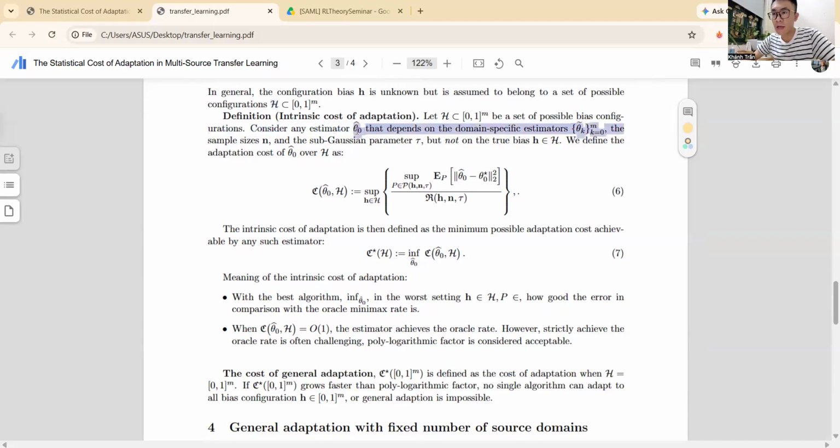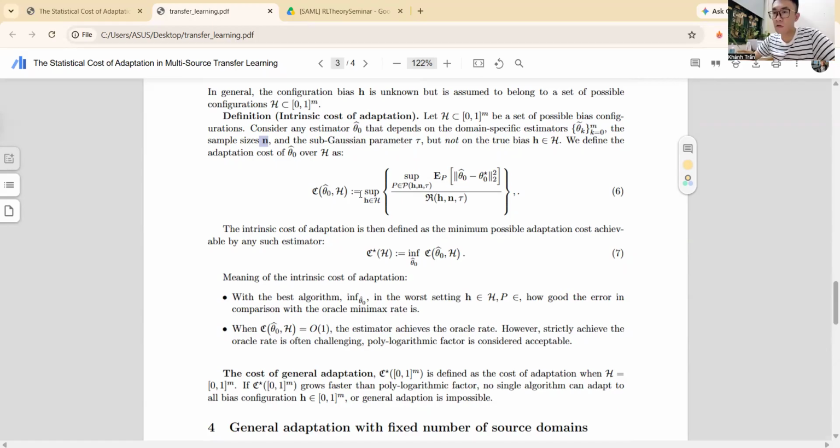So consider an estimator theta hat without knowing the true bias configuration F. It only depends on the domain-specific estimators theta k for k from 0 to m and the sample size of the whole domain.